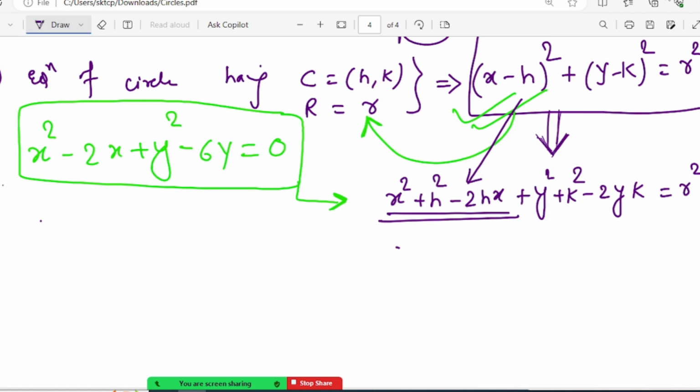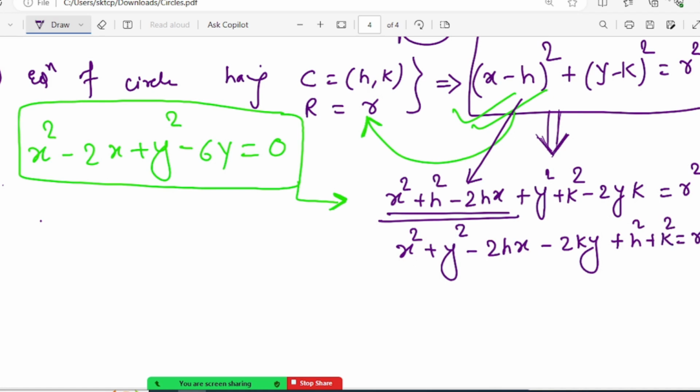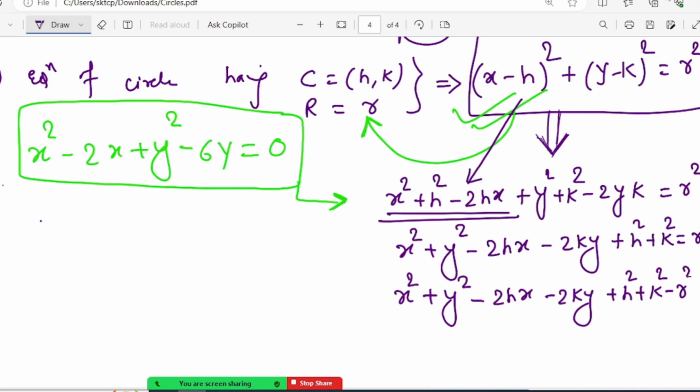Let us rearrange this: x square plus y square minus 2hx minus 2ky plus h square plus k square minus r square equals 0. Is it okay, Rishit?